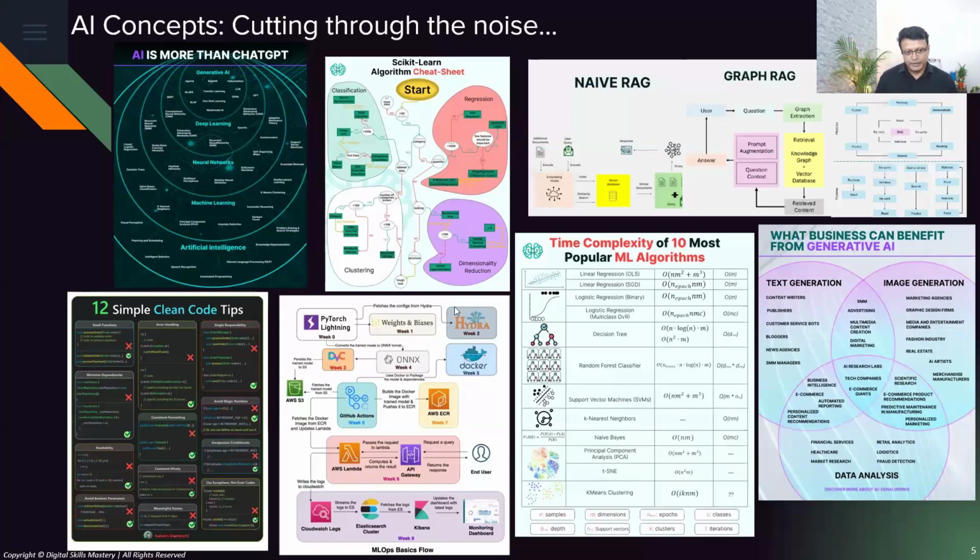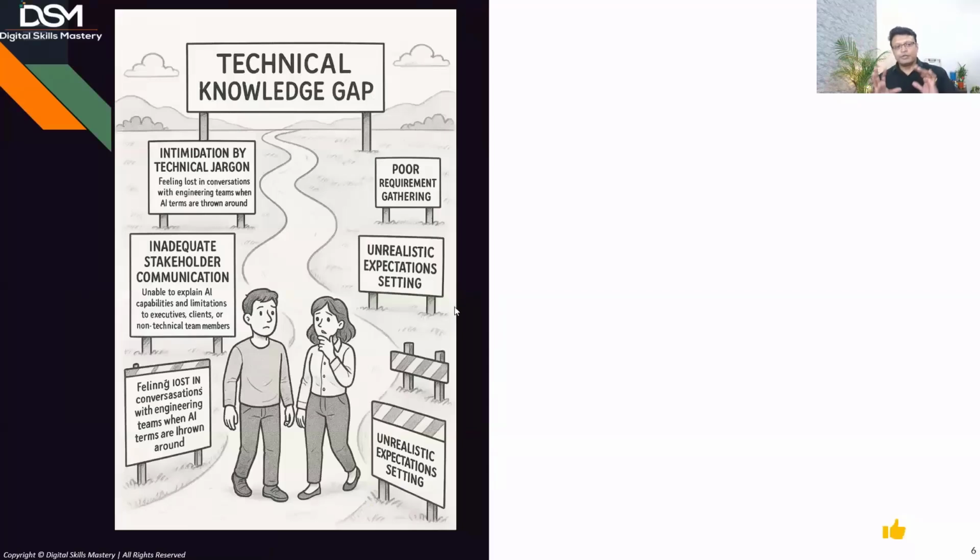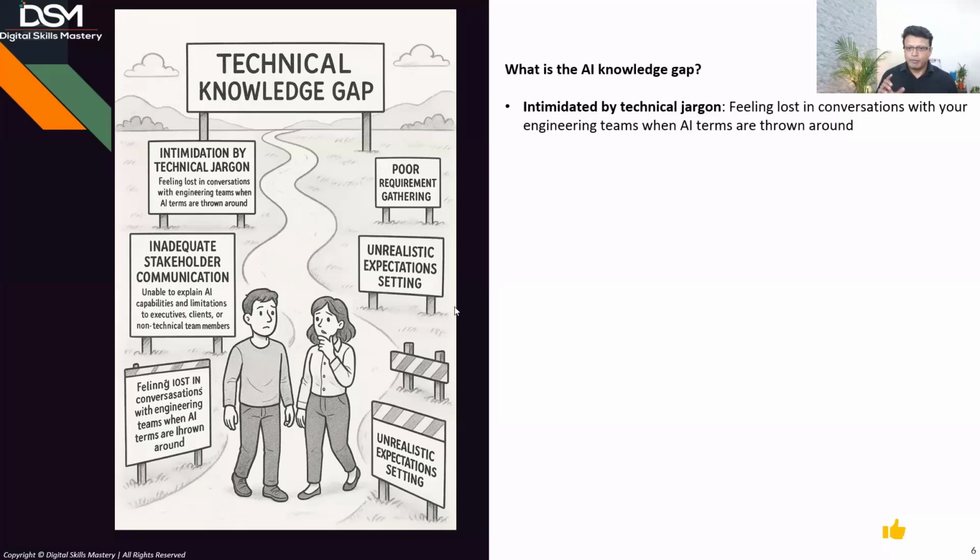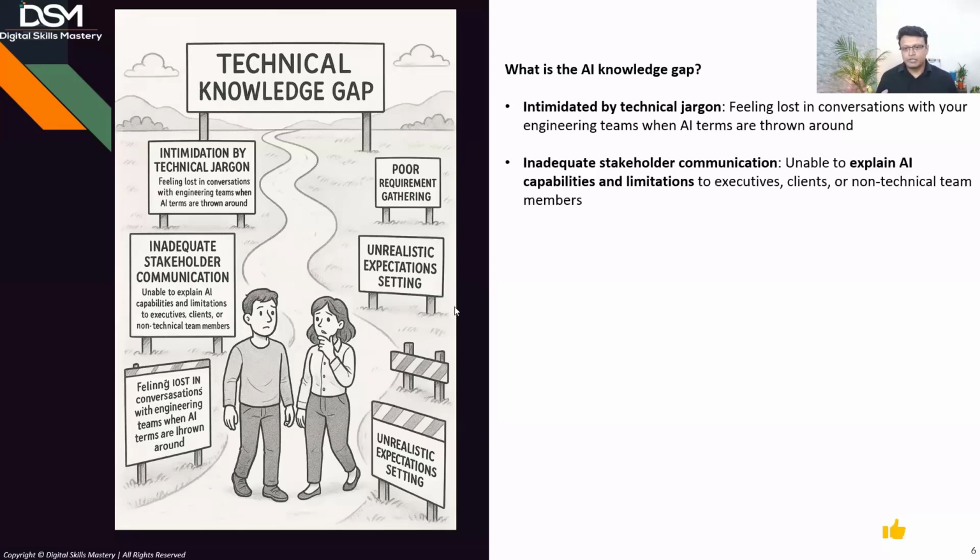You are expected to know where to focus and get the results for the product or the service that you're currently building. Now, before we deep dive into the AI concepts, let's quickly look at the AI knowledge gap, and that will help you understand what we are talking about throughout the session. So, number one, you could be intimidated by the technical jargon that we just showcased to you, and there could be inadequate stakeholder communication. That is, you're not able to explain the AI capabilities and the limitations to your stakeholders.